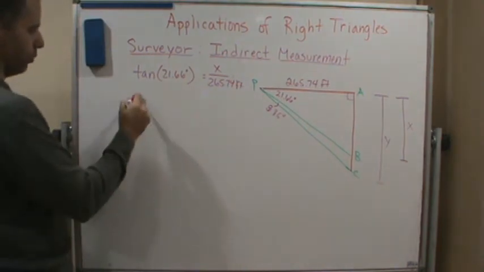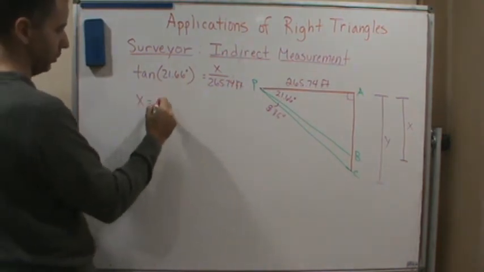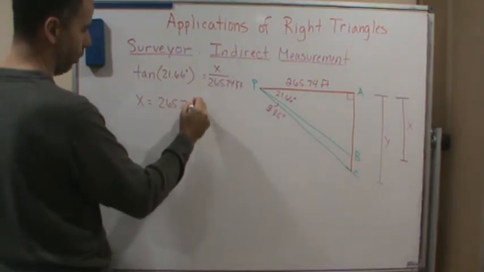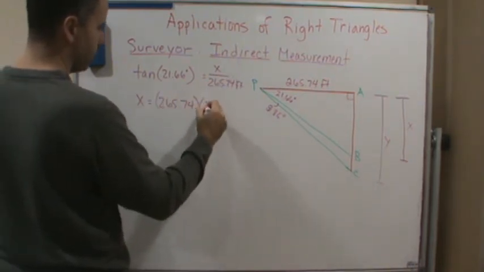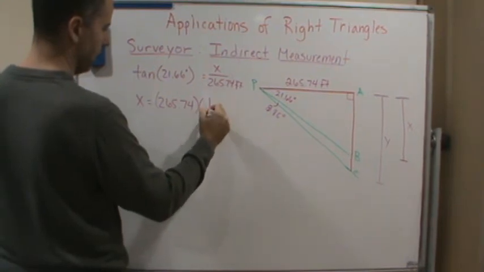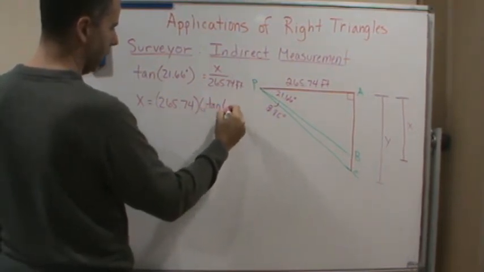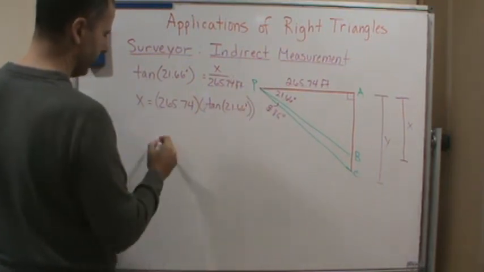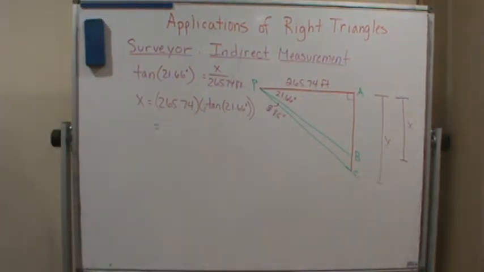And so now, what do we get? X is equal to 265.74 times the tangent of 21.66 degrees. If we put that in our calculator, just take the tangent of that angle and multiply by 265.74, what do we get?